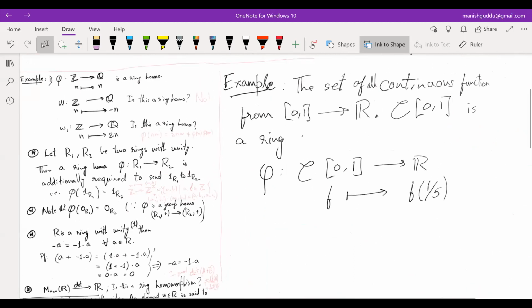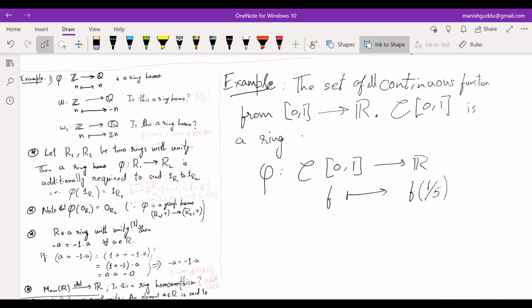Let me give you a different kind of example of a ring and also a ring homomorphism. Consider the set of all continuous functions from the interval 0, 1 to R, which may be denoted C of 0, 1. This is indeed a ring.